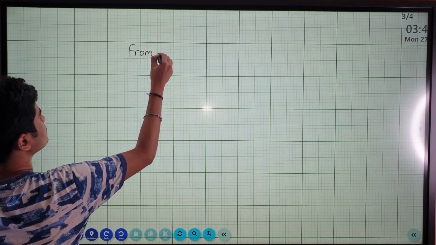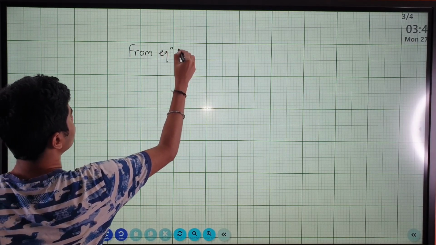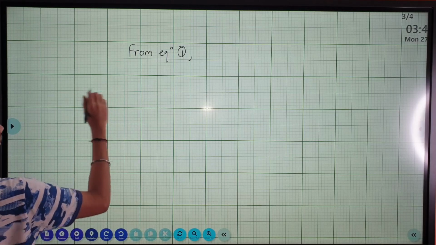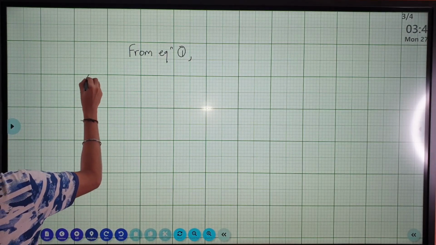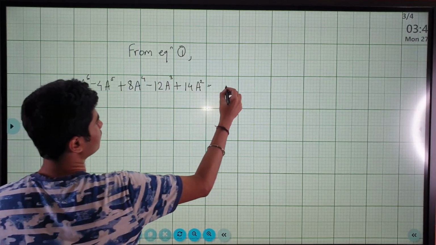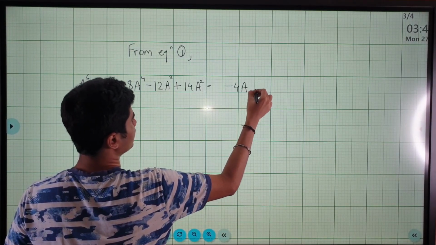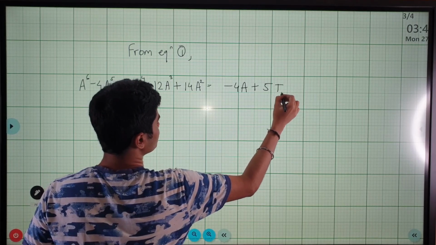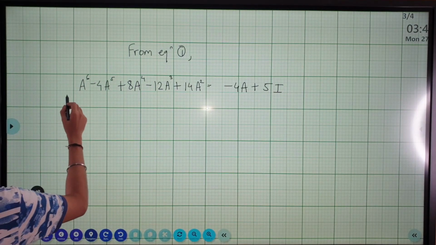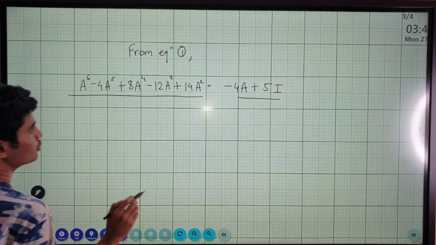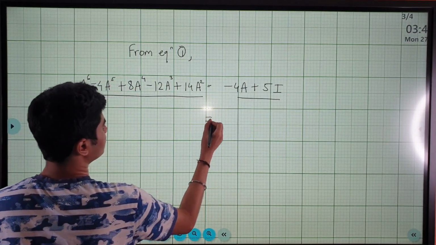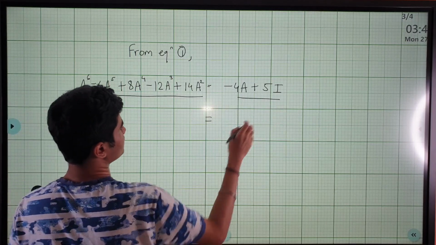Now we can simply substitute from equation 1. We are going to write out the entire equation, which will be equal to just minus 4A plus 5I. So you can see this entire big matrix is equal to this smaller matrix. Now we are going to substitute the matrix A in this RHS.